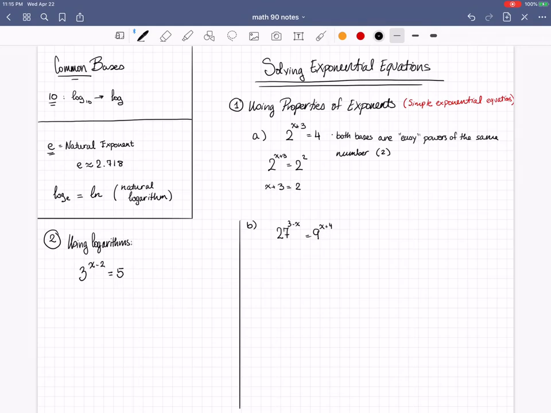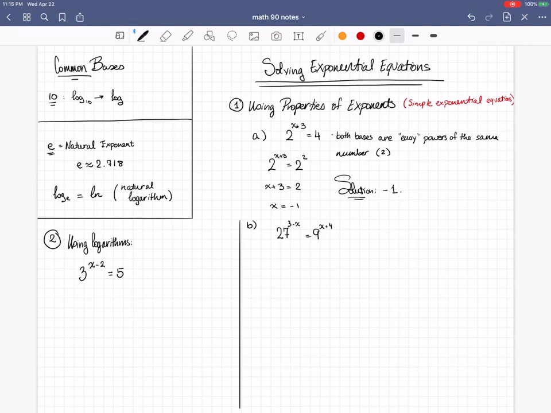So x plus 3 must be equal to 2, so x is -1. So the solution to this equation is -1.